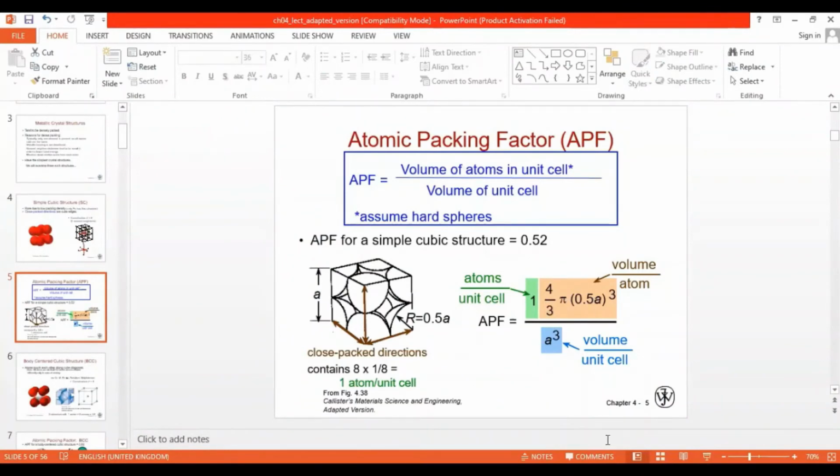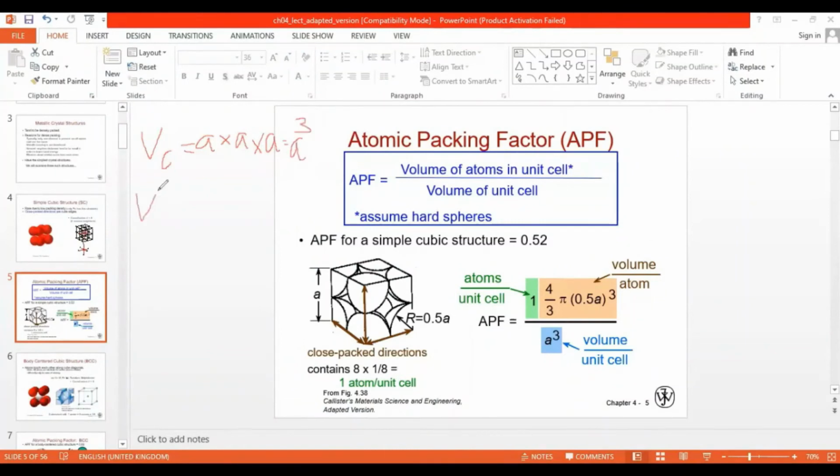If I consider one side of the cube as A, unit volume A, which means the volume is A into A into A. Volume of cube is equal to A height into A length into A width, that is A cube. Is that okay?